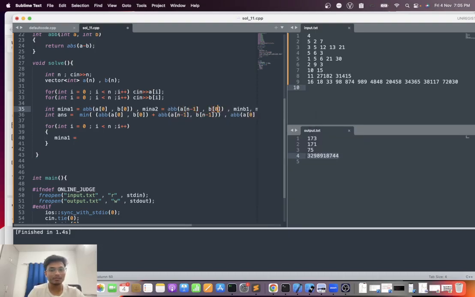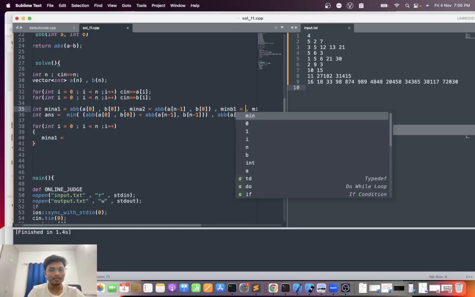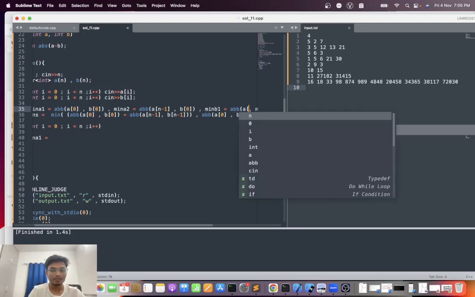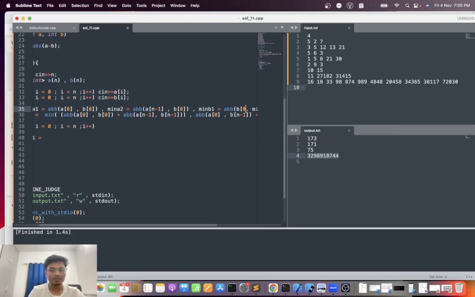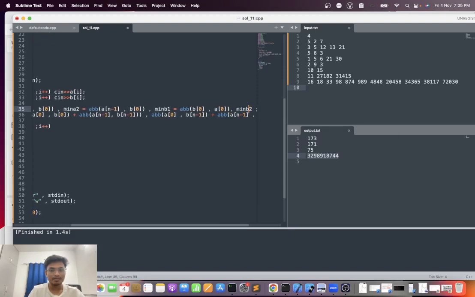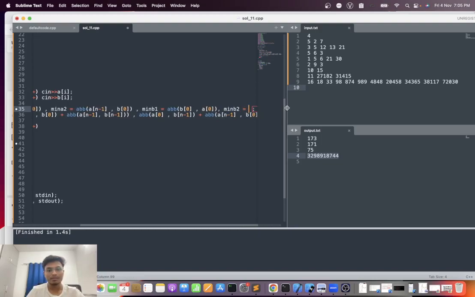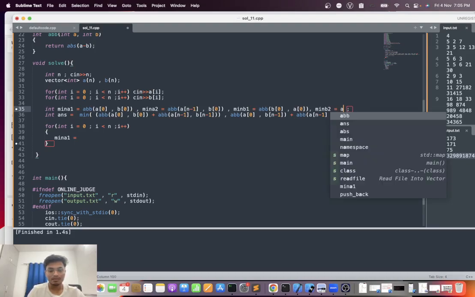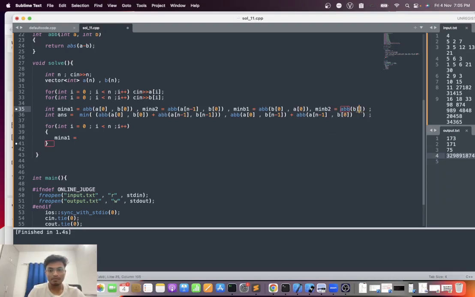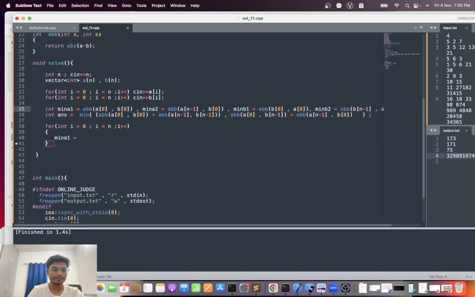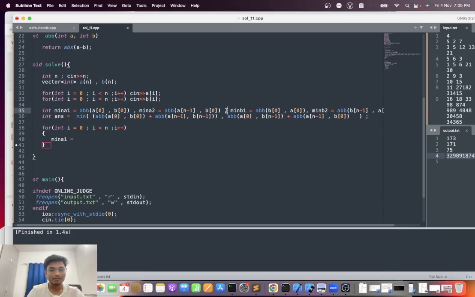So I'm taking for the first one, that is b0. Same case here, abb of b0 with any value, that I'm taking a0. Same case here. Now it is clearly visible, it will be abb for b of n minus 1 comma a0. So actually I need to find these all.